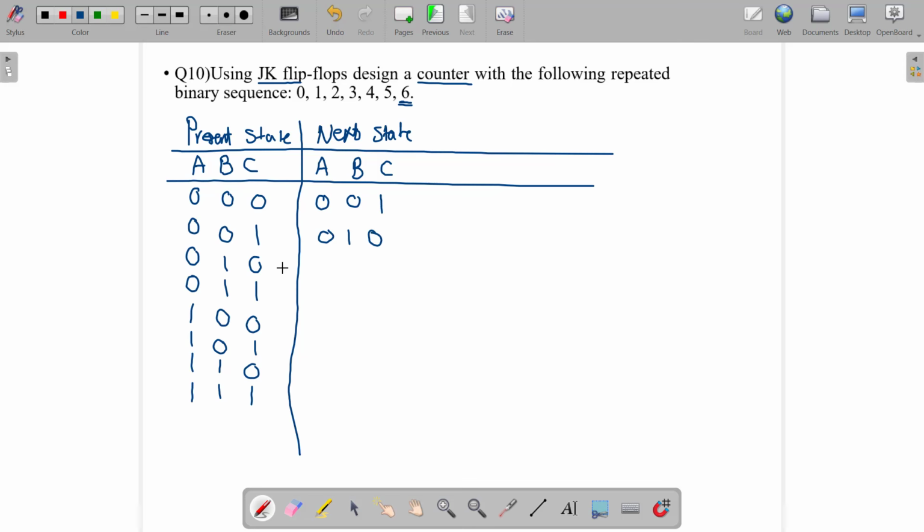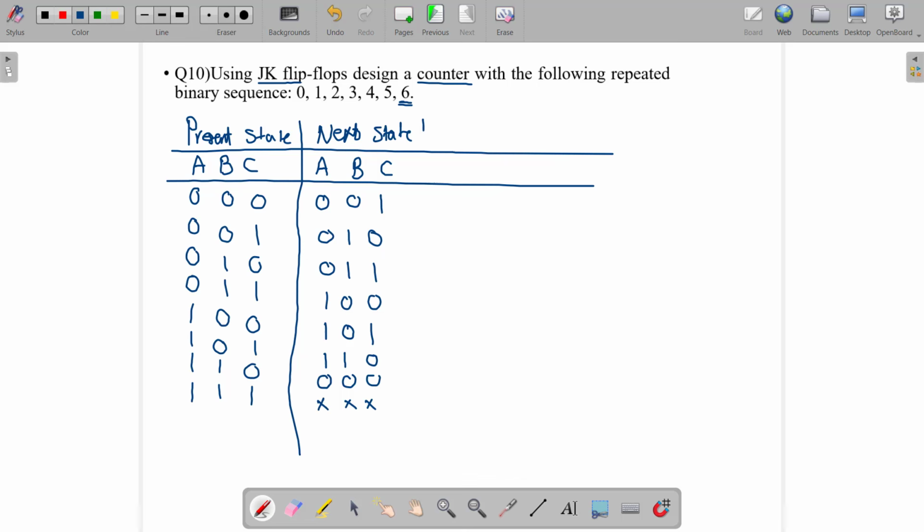When we are in 2, what's the next state? 3. 3, 4. 4, 5. 5, 6. 6, 0, 0, 0. For the 7, we have don't care.